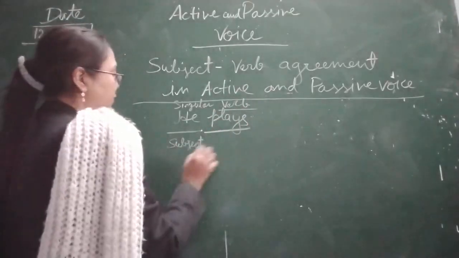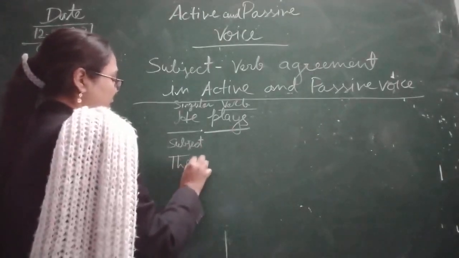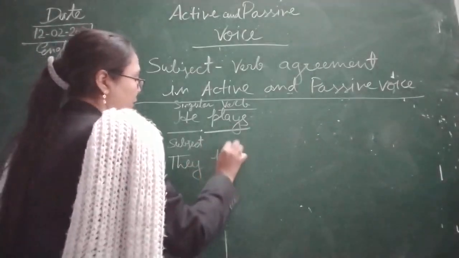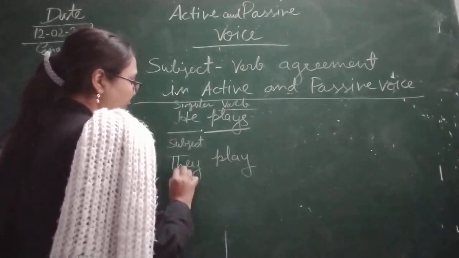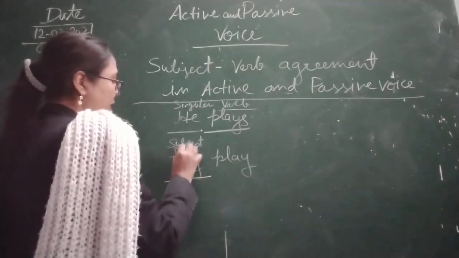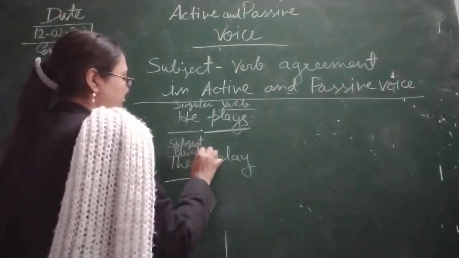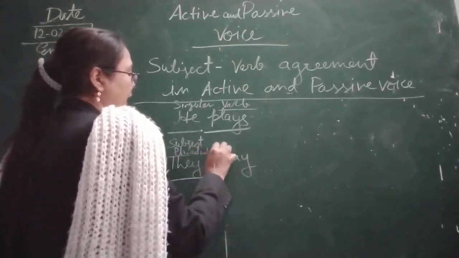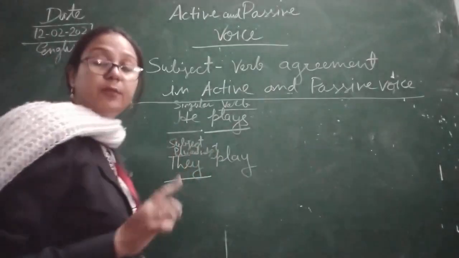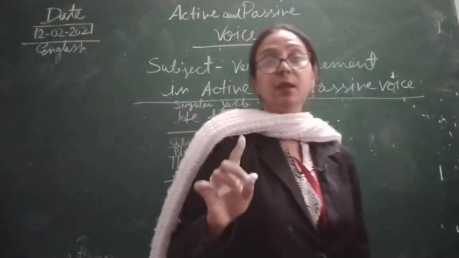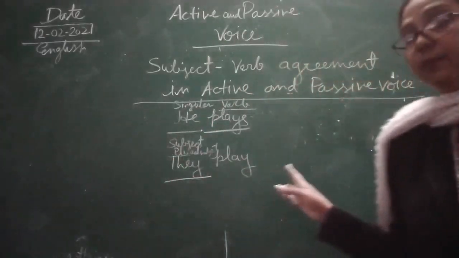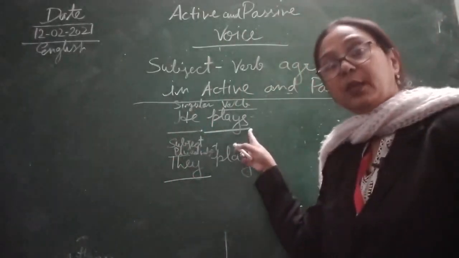If, in place of that, it is written "they play," why are we writing that? Because this is a plural subject. And because of the rule of the verb, when the subject is singular, we place an s here.